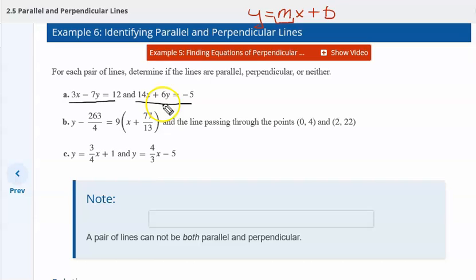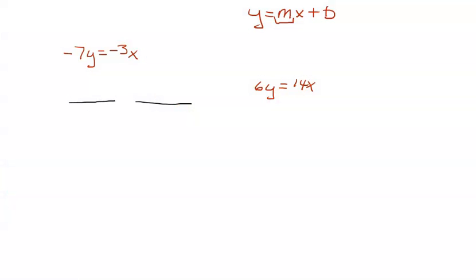So let's do that. So in doing this first one, and I've copied it correctly, I don't need to worry about the y-intercepts here. I'm just going to compare our slopes.